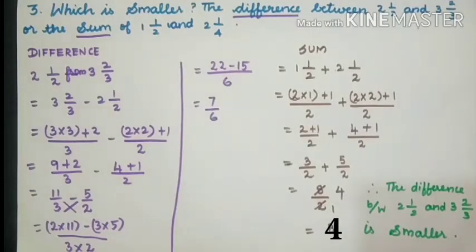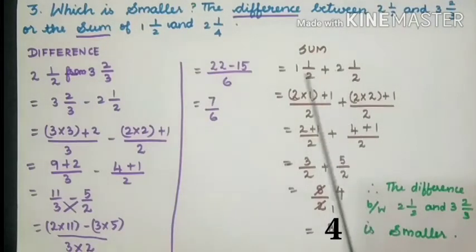Students, it's clear, no? Here we have to find the difference between these two fractions and the sum of these two fractions. To find the difference, you have to change the mixed fractions into improper fractions, and then find the common denominator by using the cross multiplication method. You will get the answer as 7 by 6. Then you have to find the sum of these two fractions, that is 1 1 by 2 and 2 1 by 4.